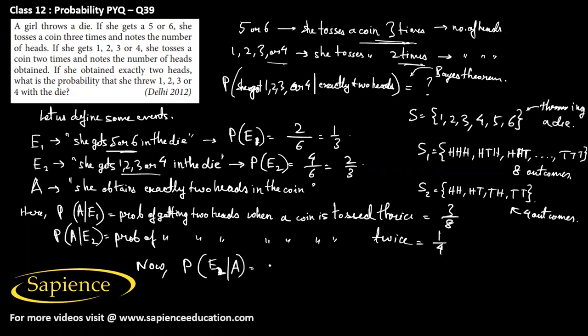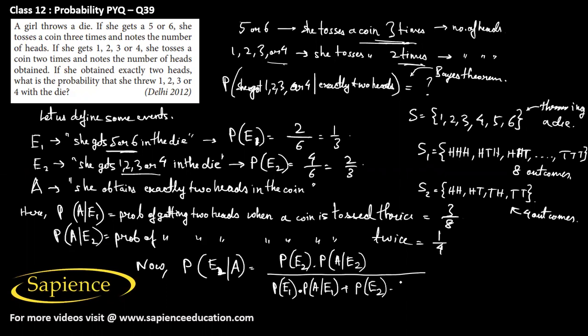That would be equal to P of E2 times P of A given E2 divided by P of E1 times P of A given E1 plus P of E2 times P of A given E2.